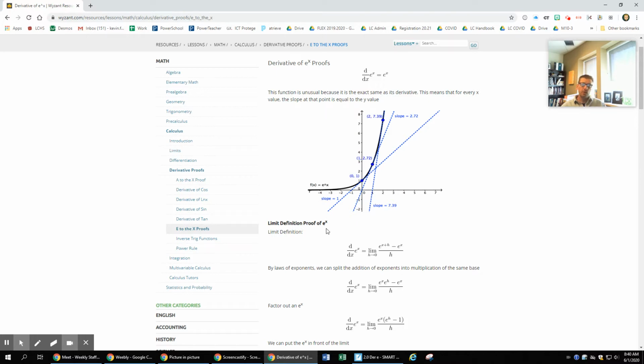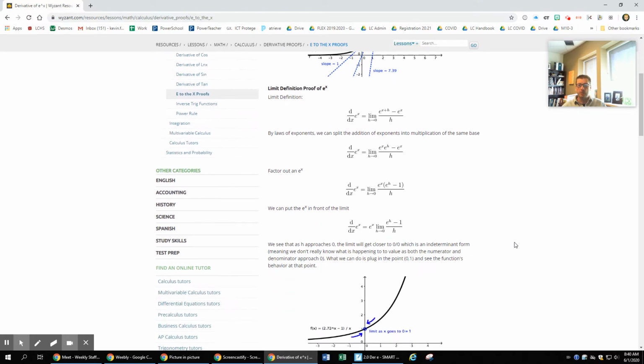But again, what they're showing on this page is that if you have a point at 0 and 1, the slope there is 1. They picked a point at 1, which is 2.72, and that slope is 2.72. And they picked a point at 2, which is 7.39, and that slope is 7.39. All right, so again, they kind of go through the limit proof in that.